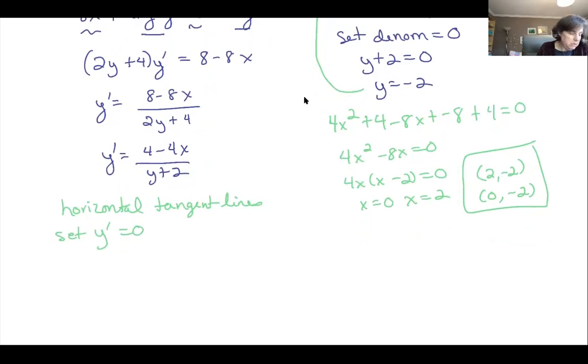The only way it's going to be 0 is if the numerator is 0. So 4 minus 4x has to equal 0. So 4 equals 4x, x equals 1. All right, and just like over here where once I found what y was, I had to figure out the x's that go with that, since I know x is 1, I need to figure out the y's that go with that.